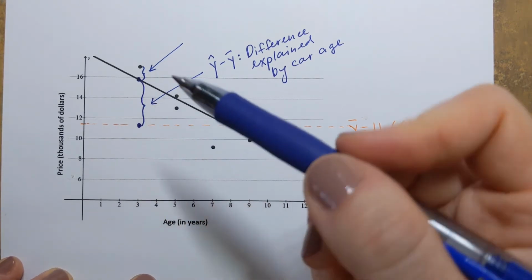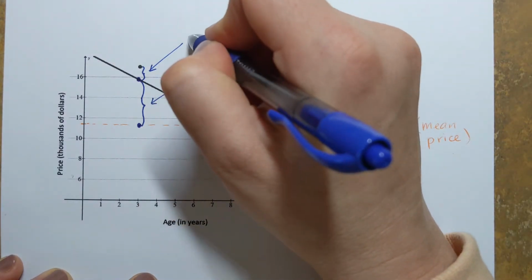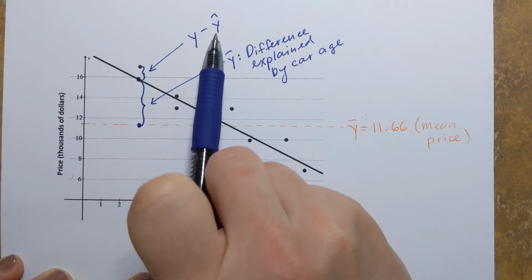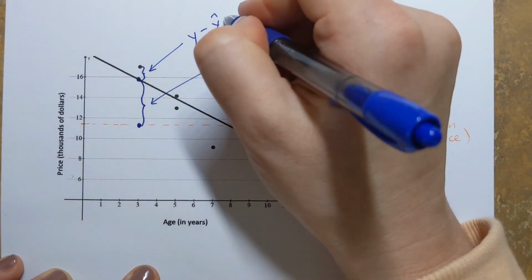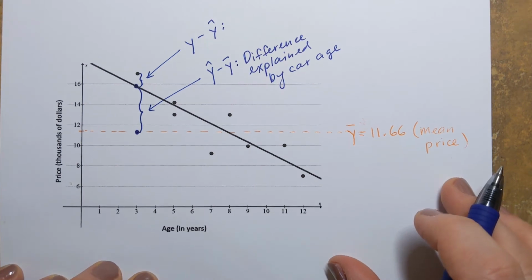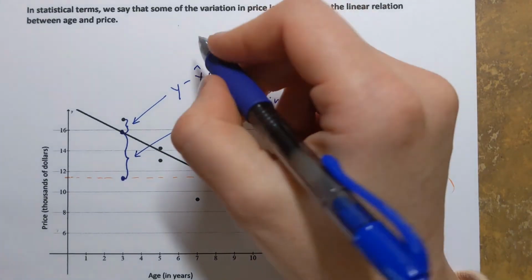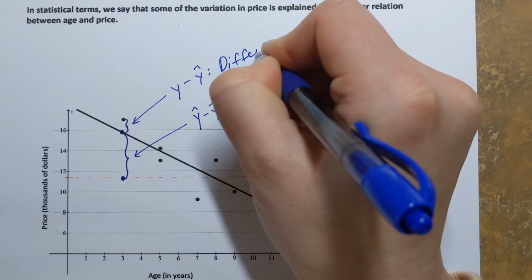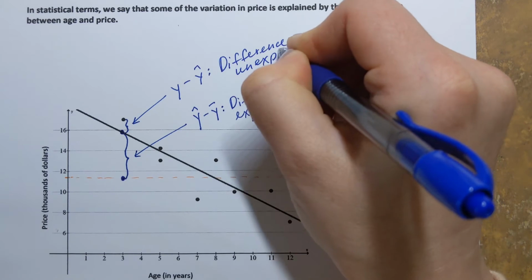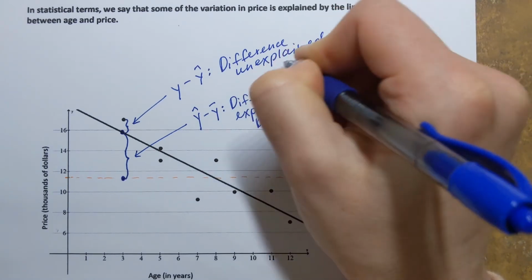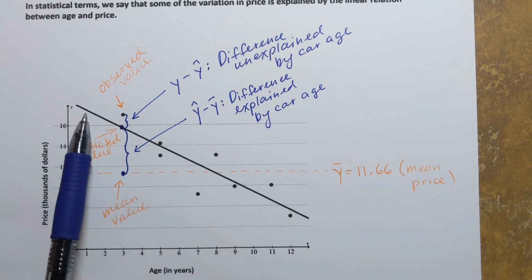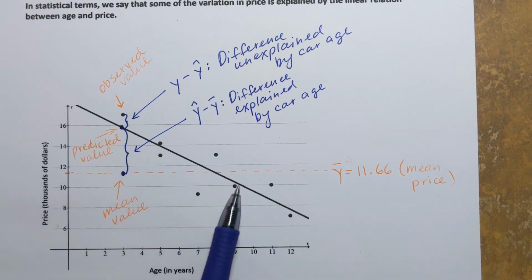So that means that there is always possibility for the difference, and that's difference between the observed value and estimated value, that's unexplained by car age.